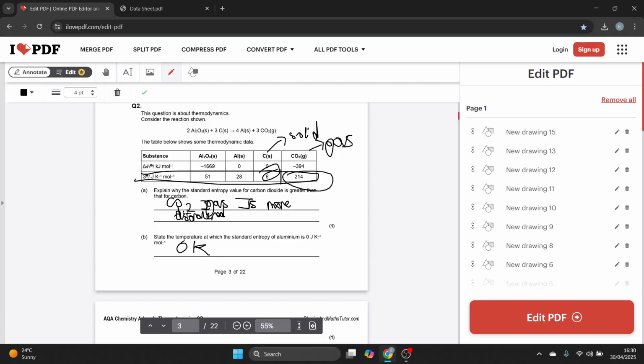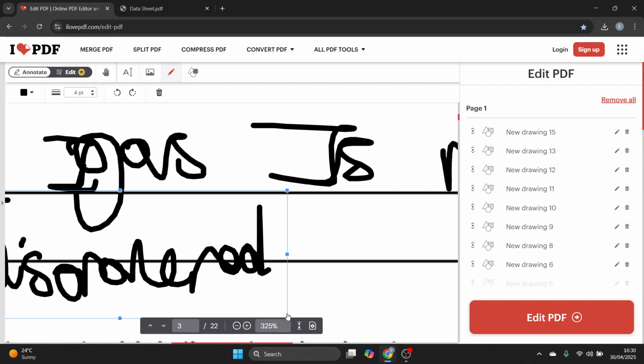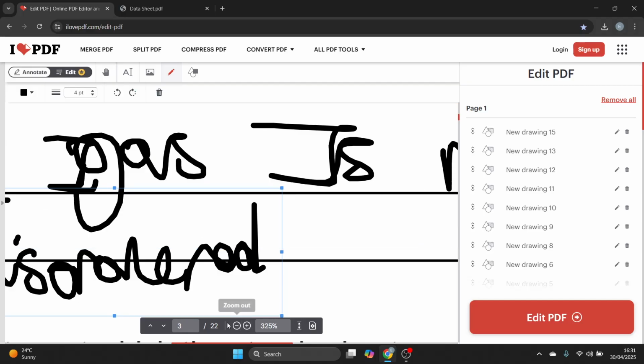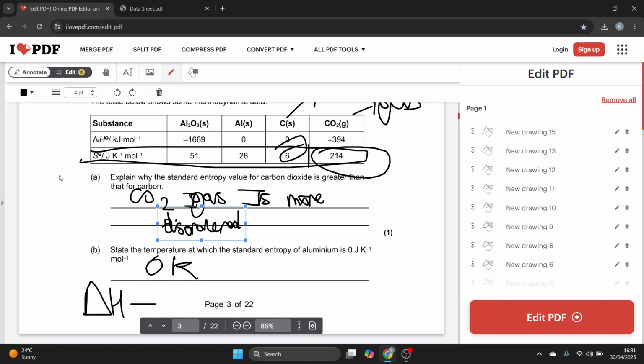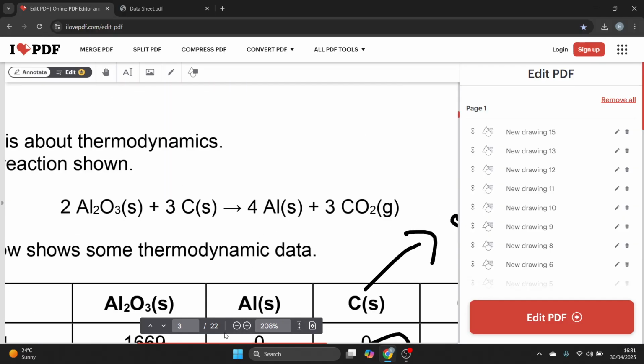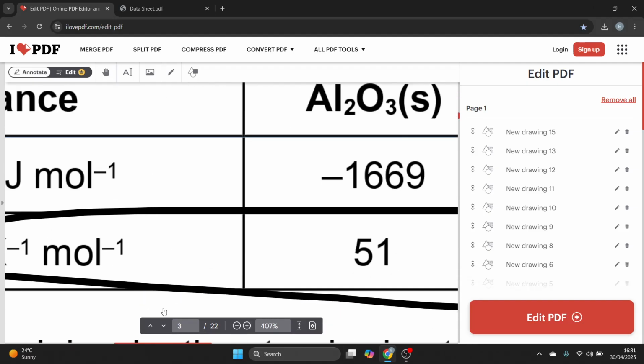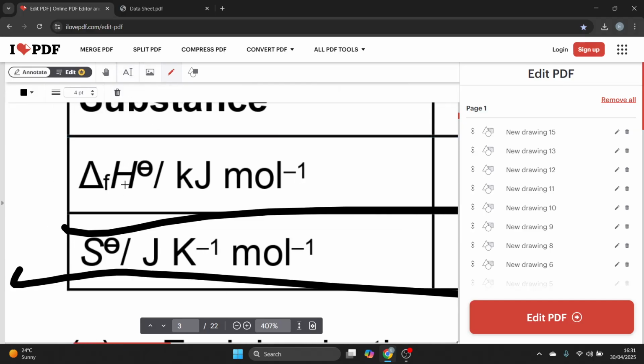Okay, and then I need to work out delta H. Well, how do I know? Because if I zoom in, zoomed in a bit too much, but if I scroll a bit up and then move here, there you go. This little f symbol tells me that it is formation data.